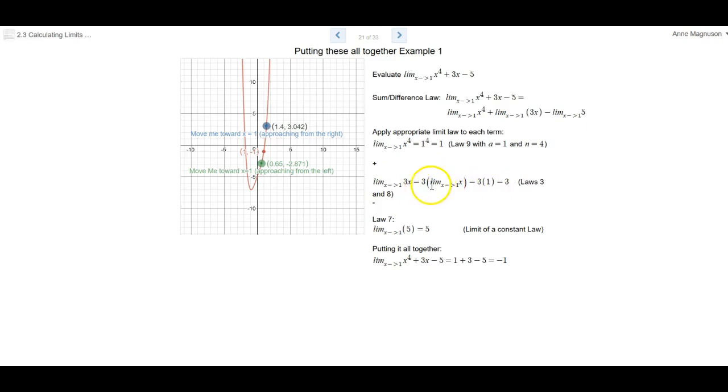And then I'm going to apply the identity function law and say that this inside limit's just 1. And then for this last term, this is a constant function, and the limit is just that constant. So putting it all together, I'm going to add 1 plus 3 minus 5 to get minus 1. And we can verify that graphically.